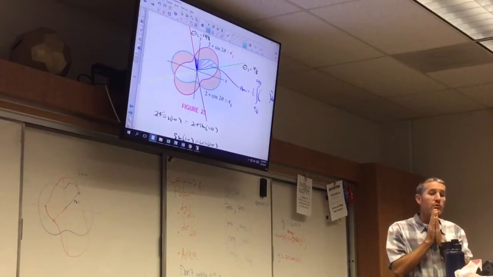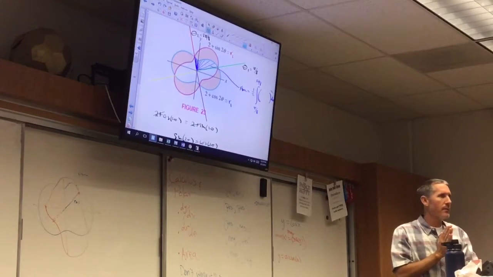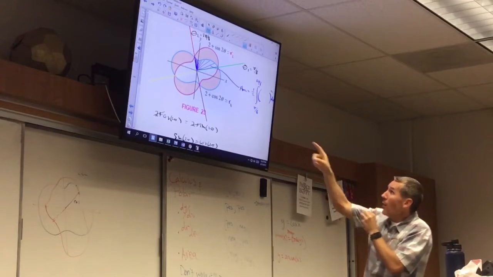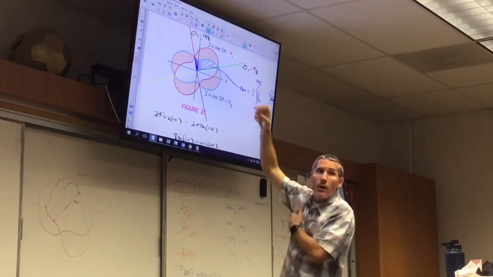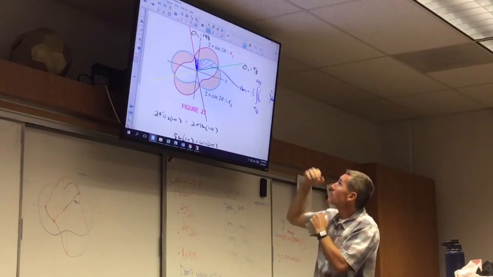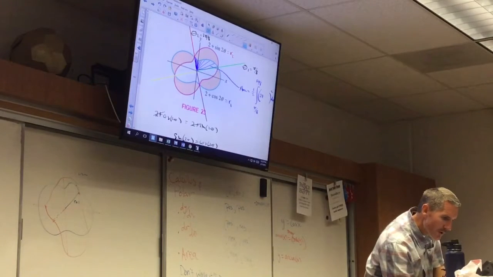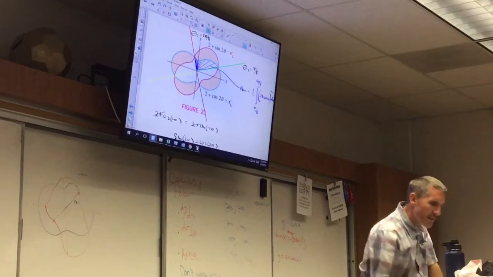Cosine 2 theta. And how did you know that it was going to be 2 plus cosine of 2 theta? Because that's the one that I'm going out to, which is the blue one, which is closest, right? So I'm going to put 2 plus cosine 2 theta in there.